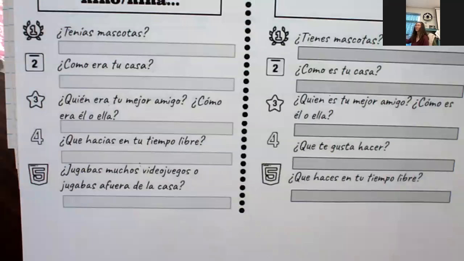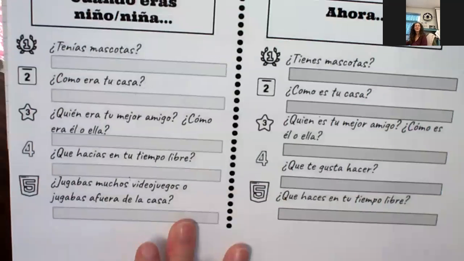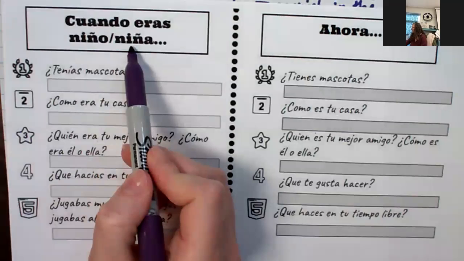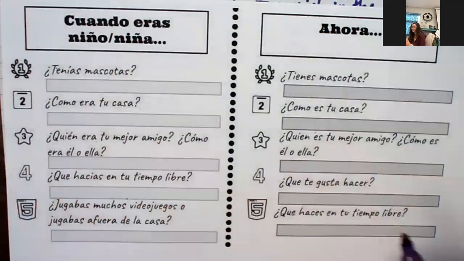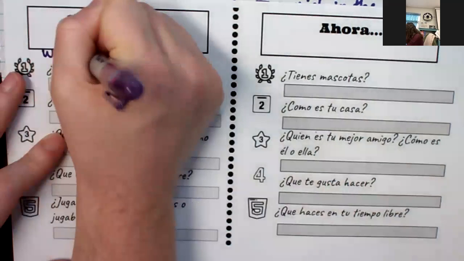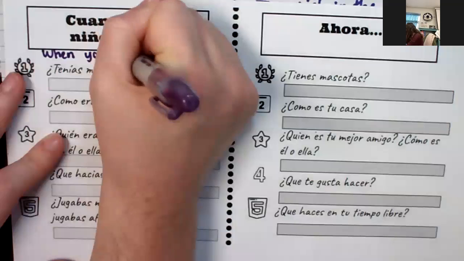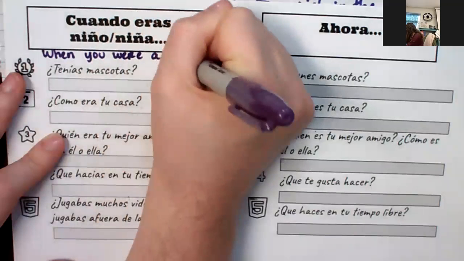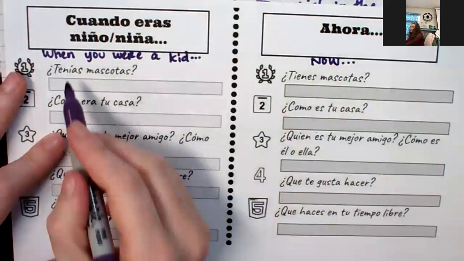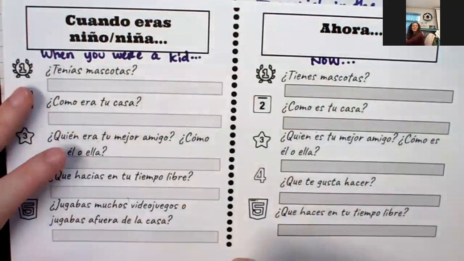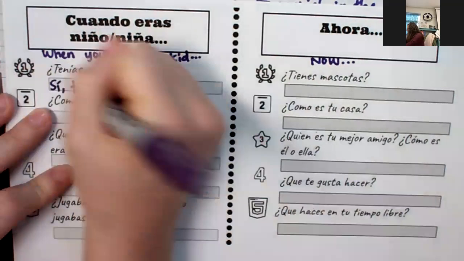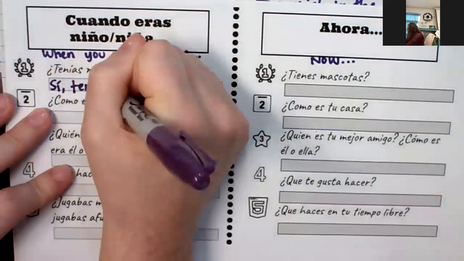So here we go. So when you were a child versus now. I guess I can write that on there. Okay, so we have the question from our examples. ¿Tenías mascotas? Sí. Tenía un perro.